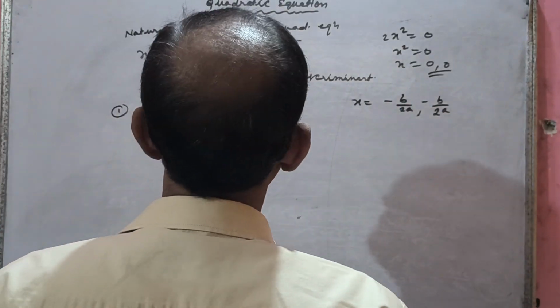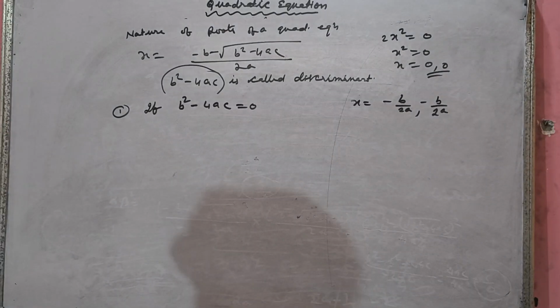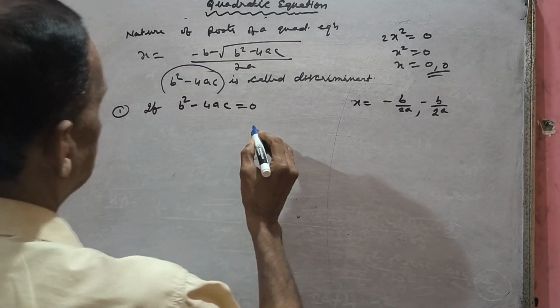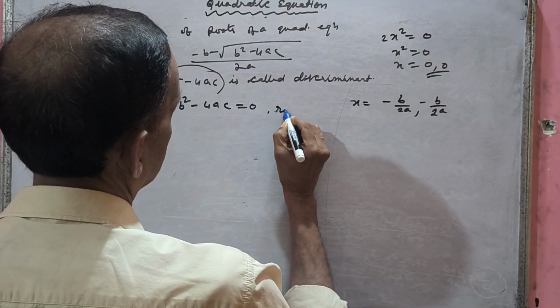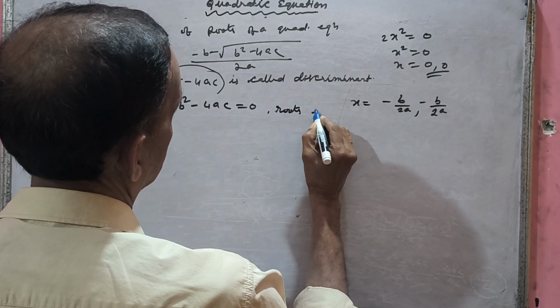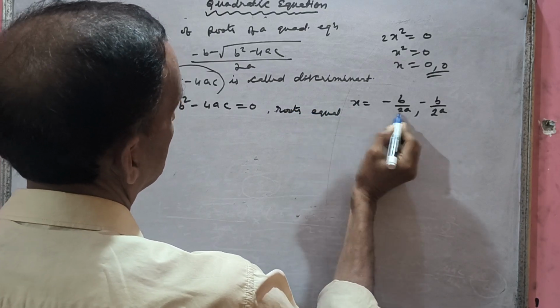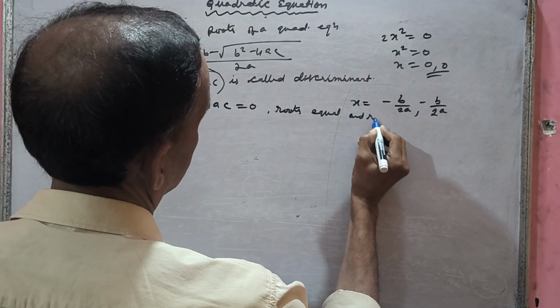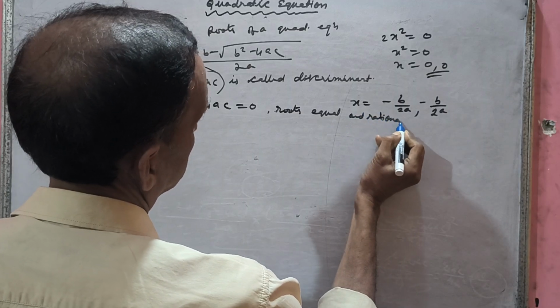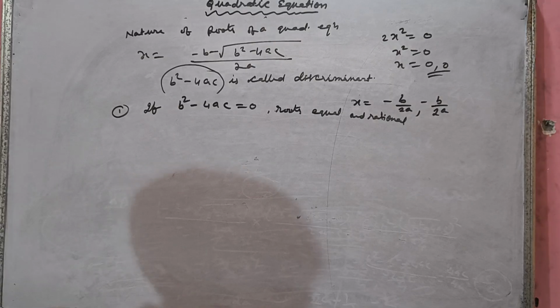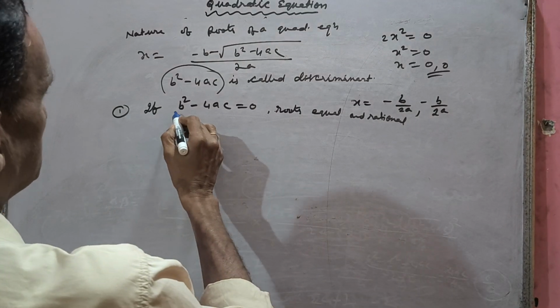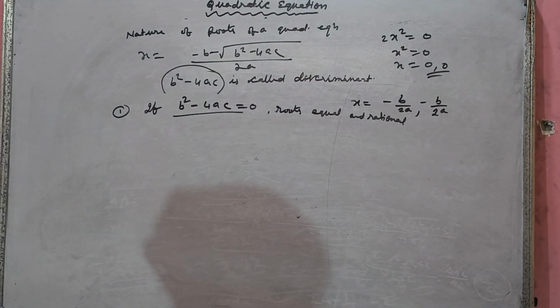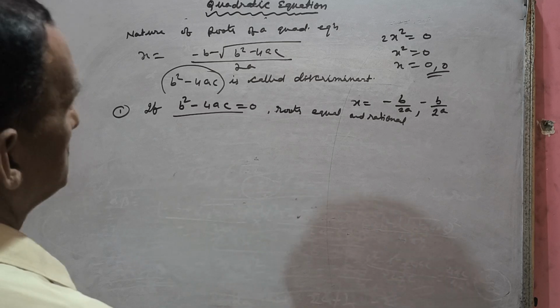So here, if a, b, c are rational numbers, then the roots are equal and rational also, or real also. So in this condition, if b square minus 4ac is equal to 0, roots are real and equal.